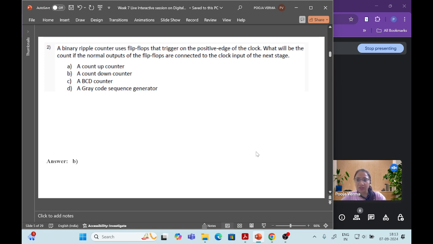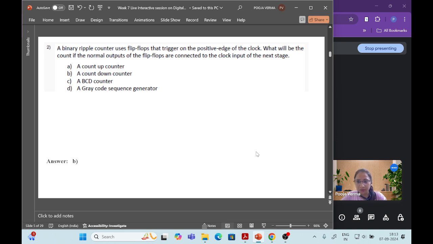The next question is: a binary ripple counter uses flip-flops that trigger on the positive edge of the clock. What will be the count if the normal outputs of the flip-flops are connected to the clock input of the next stage?